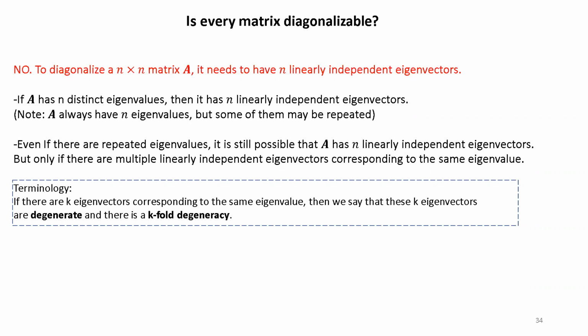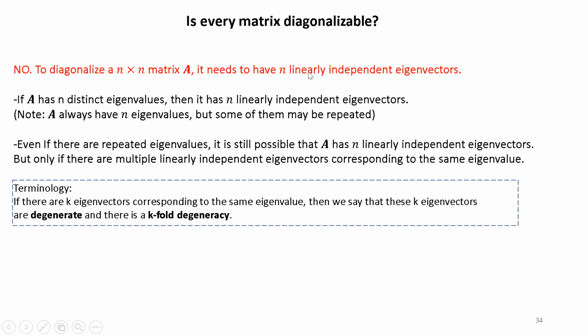So then let's come back to the question again. I already told you the answer: not every matrix can be diagonalized. That means some of them are not diagonalizable. As I said, you need to have the eigenvectors linearly independent.